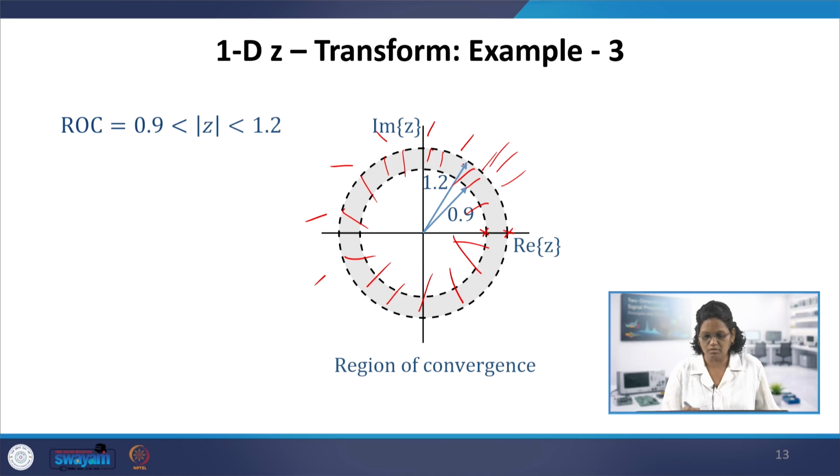The intersection of these two is the region of convergence for this sequence, the common area, which excludes these poles. In the first case and the second case also, the ROC excludes the pole. So z between 0.9 and 1.2 is the region of convergence for the two-sided sequence.